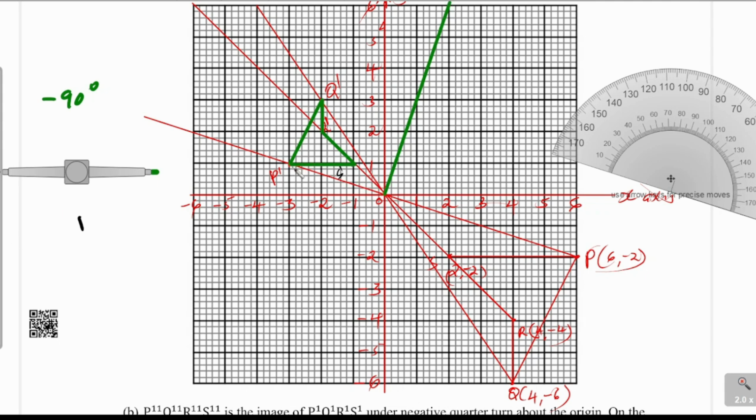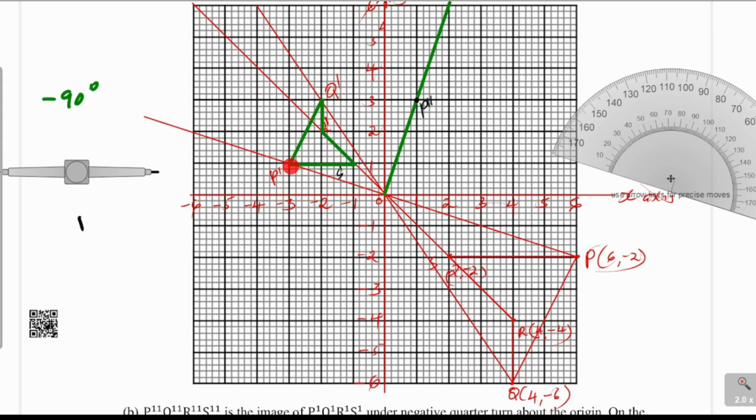So take this distance from P1 to the origin. How many squares are these? 1, 2, 3. There are 3 squares. So you're going to count from the origin again. It should be equidistant. So this is 1, 2, 3. So the image of P1 will be here. We shall have P2 there. So P2 will be here. That distance must be the same.